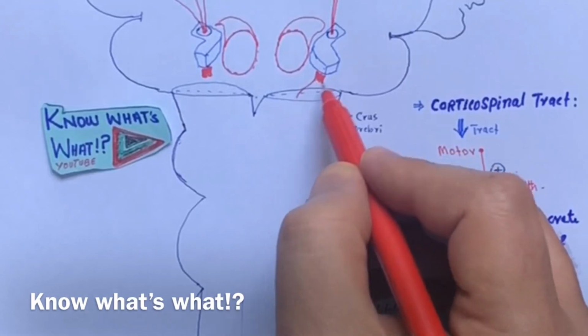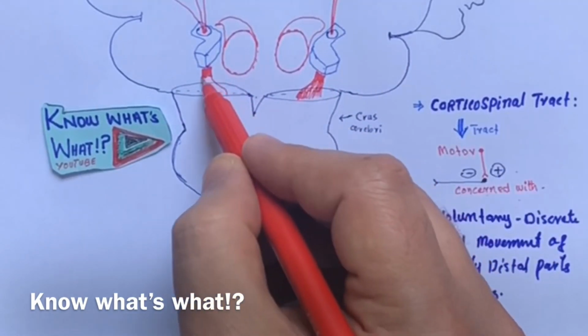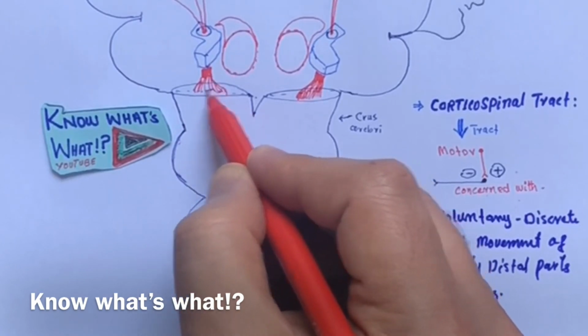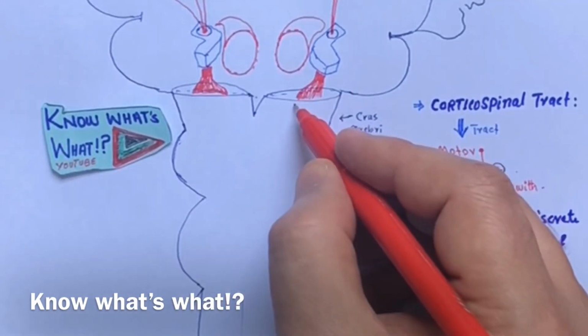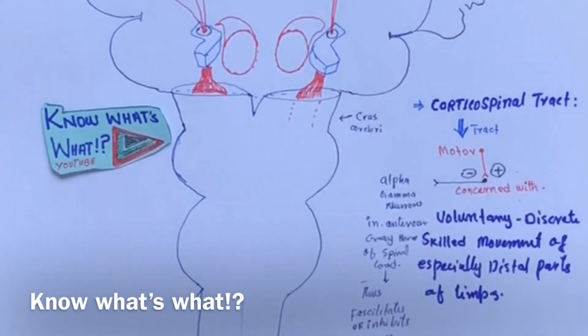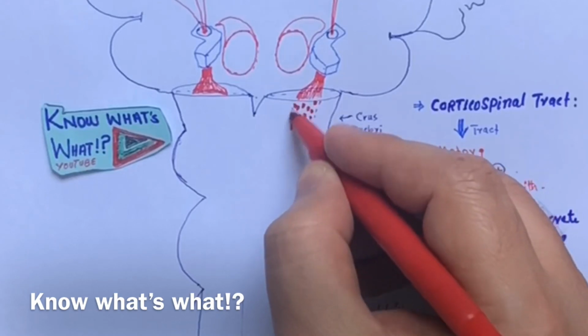Through the middle 3/5 of the basis pedunculi, the fibers will go down and reach the pons as a corticospinal tract coming down, okay?